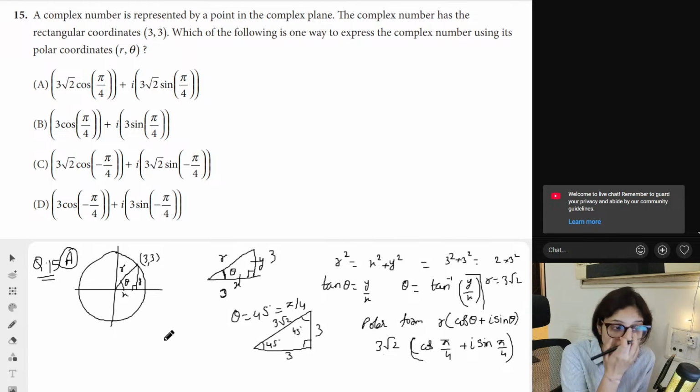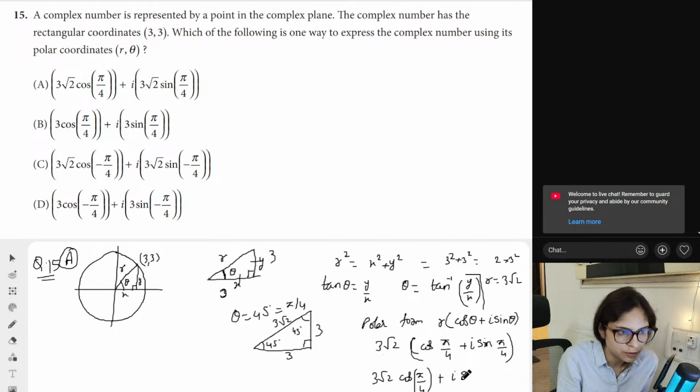I hope this is clear, because this would become 3 square root 2 cosine pi over 4 plus iota 3 square root 2 sine pi over 4.